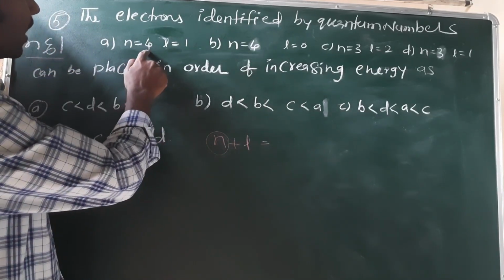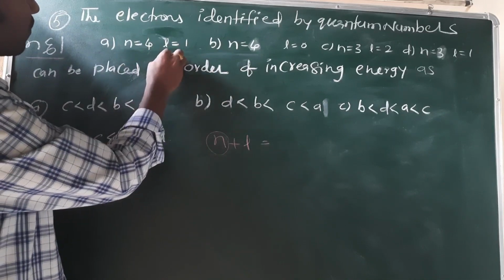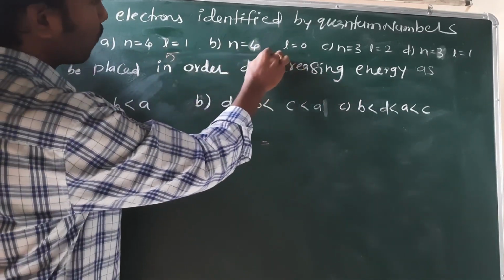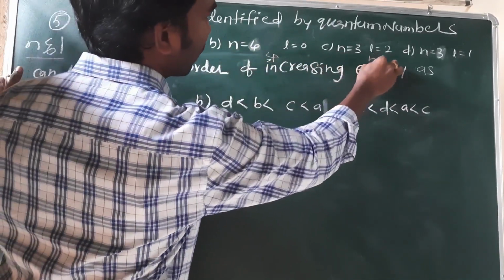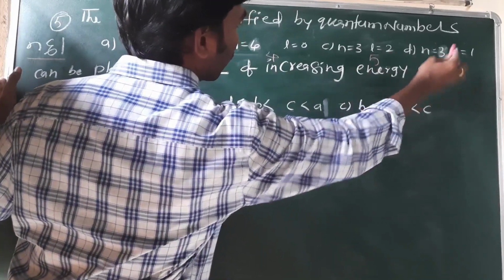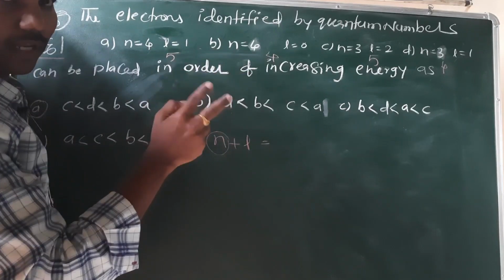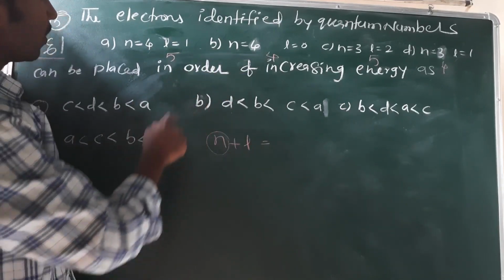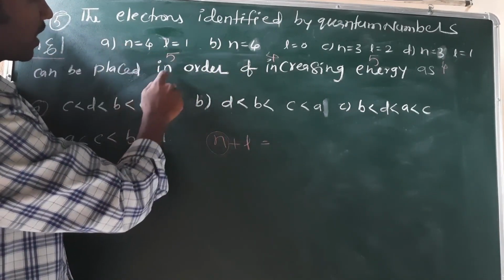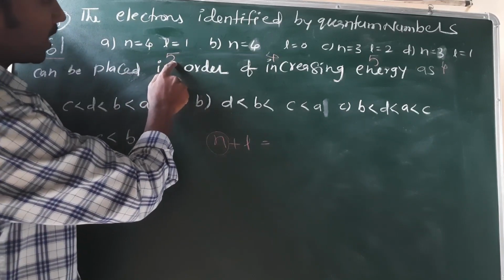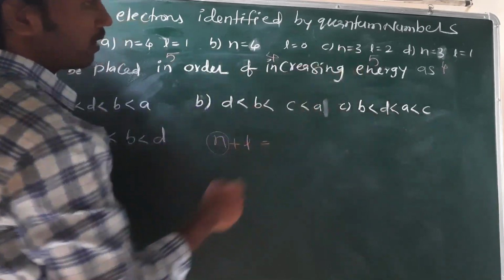So first, the n plus l value for the first option is 5. Here the n plus l value is 4, here the n plus l value is 5, and here the n plus l value is 4. Among the 4 options, 2 options have the same value. The highest value is 5, so the A option has 5 and the C option also has 5.